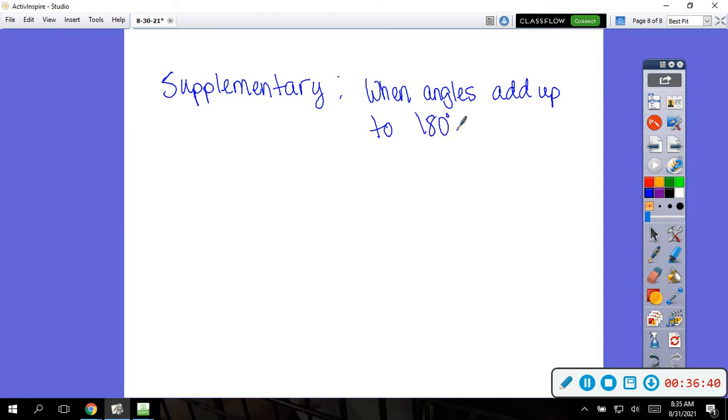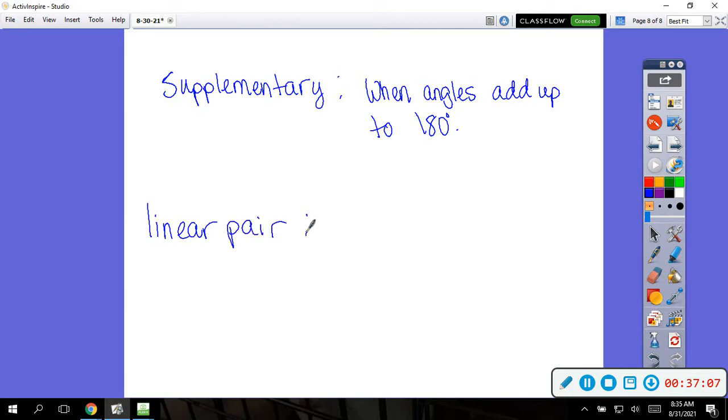We haven't really talked about angles yet this year. The reason it's in the lesson is they assume you remember it from junior high, but as I said, I know we don't always do that. So supplementary means angles add up to 180. You might remember it because complementary meant they added up to 90, but we don't need that one for our lesson tomorrow. So a linear pair is the other one.